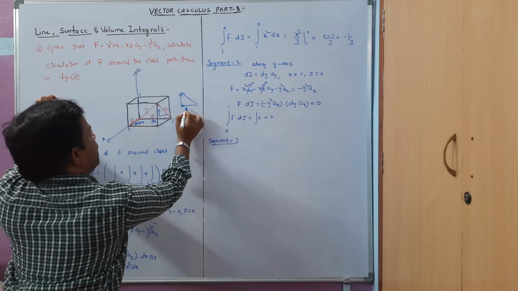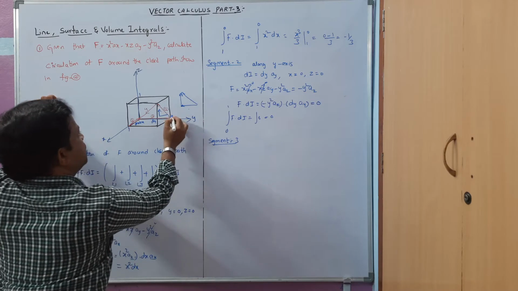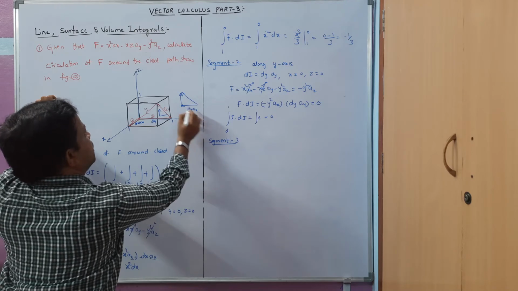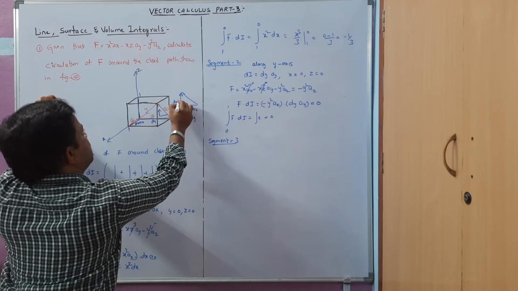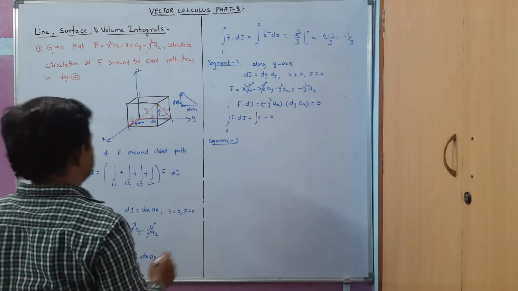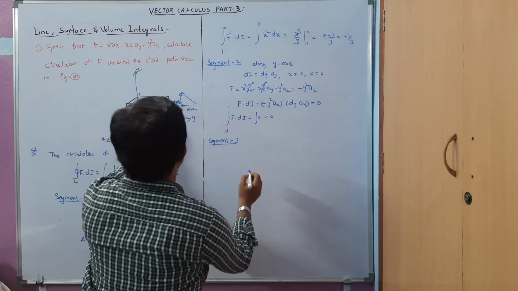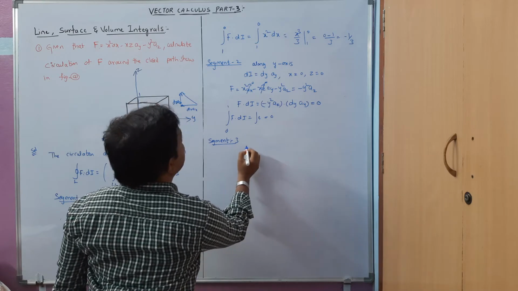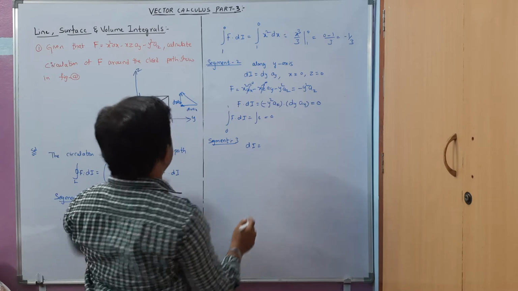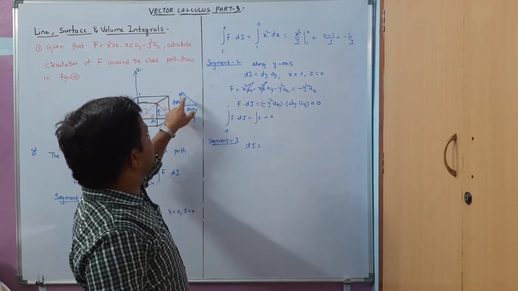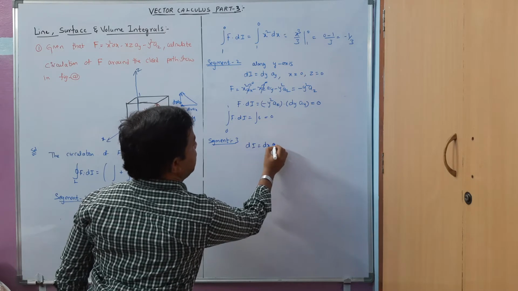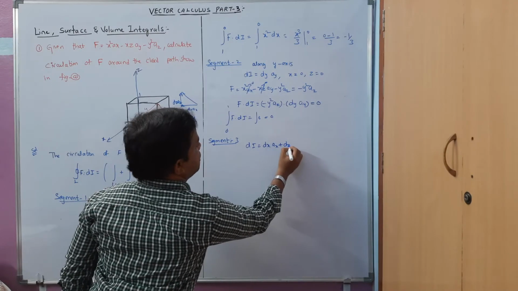So in this direction we are having dx ax, in this direction we are having dz az on the top direction. Okay, so now for segment 3, dl will become the addition of the two components, that is dx ax plus dz az.